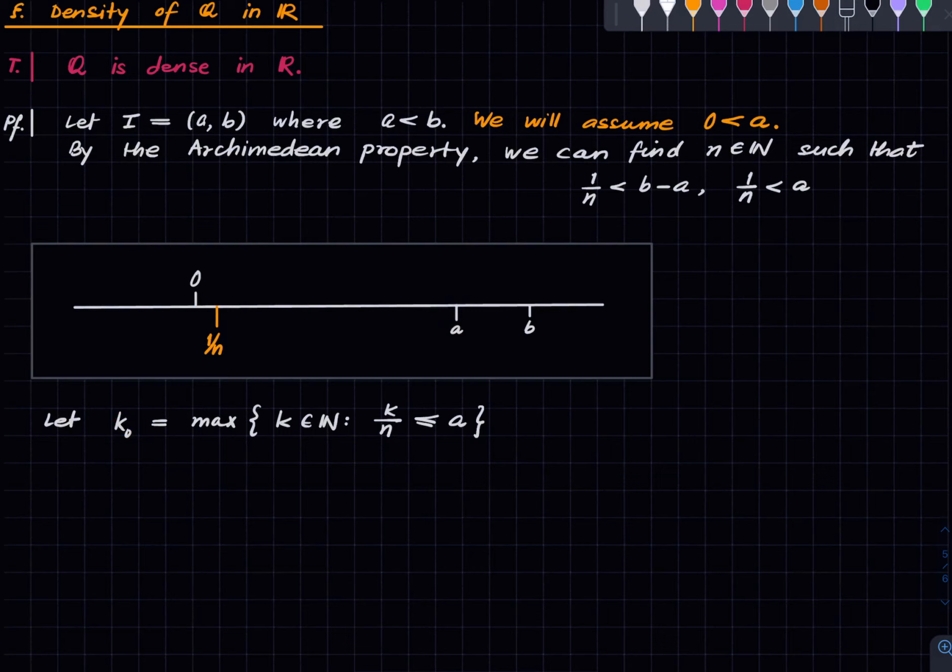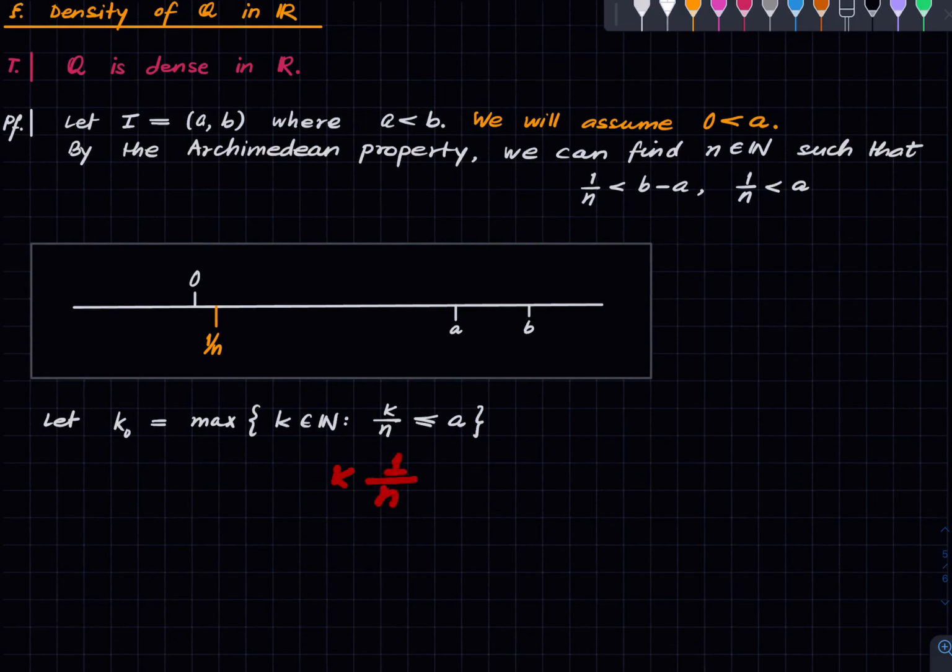So before we even say, take the maximum, note that this set is bounded. Why is it bounded? Because of the Archimedean property. We have a fixed natural number n, so 1 by n is some real number which is positive, and therefore if you scale it by natural numbers, at some point you will cross any arbitrary given real, namely a. So for each large enough k, this happens, and therefore this is a finite set.